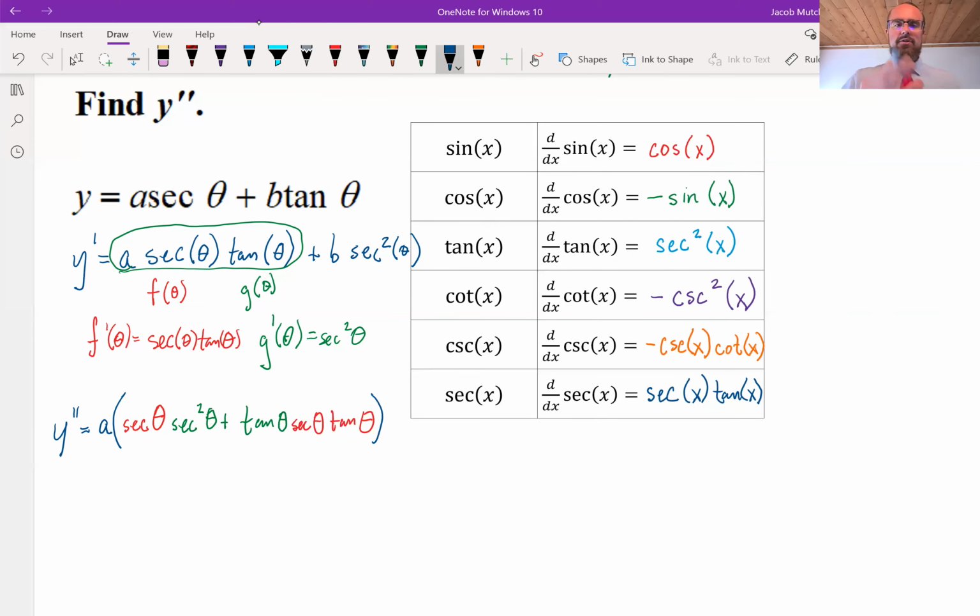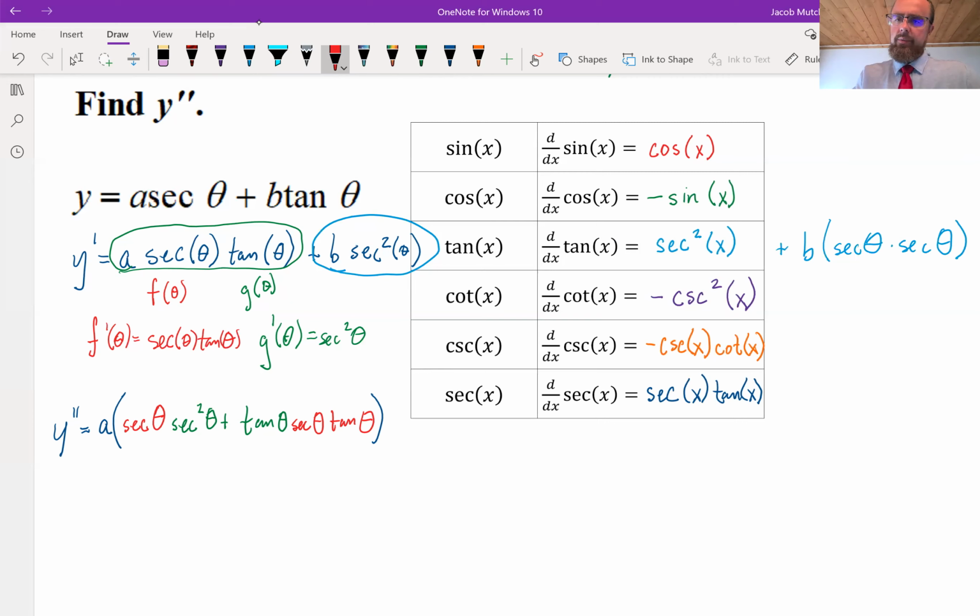So now I have to turn my attention to this second term. We'll circle it here in some light blue. So that's b secant squared theta. I need to treat that as a product of b times secant theta times secant theta. I'm going to apply the product rule again to the second term. I'm trying to separate it and do the scratch work over here on the right.